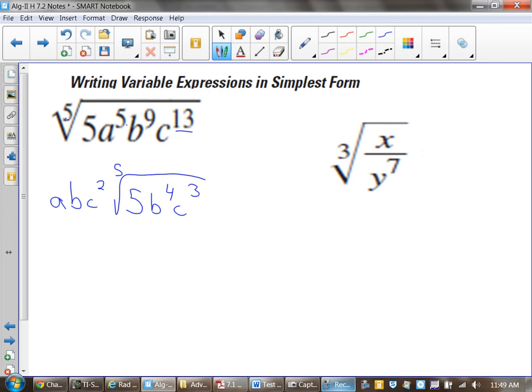How do I turn a y to the 7th into a y to the 9th? Not add, but multiply. So you would multiply the top and the bottom by y squared. Because what you're creating then is the cube root of xy squared in the numerator and the cube root of y to the 9th in the denominator. Which is what in the denominator now? Y cubed.